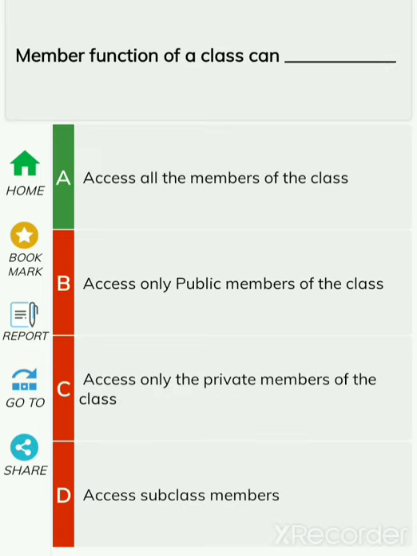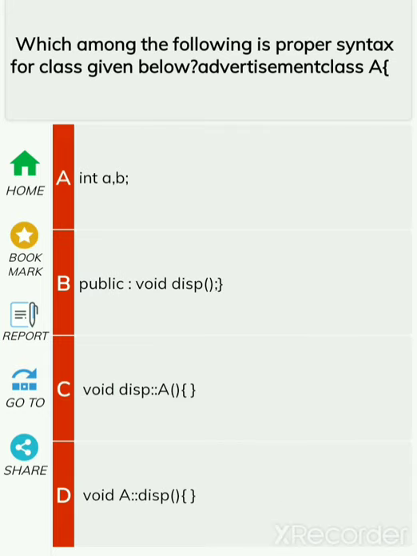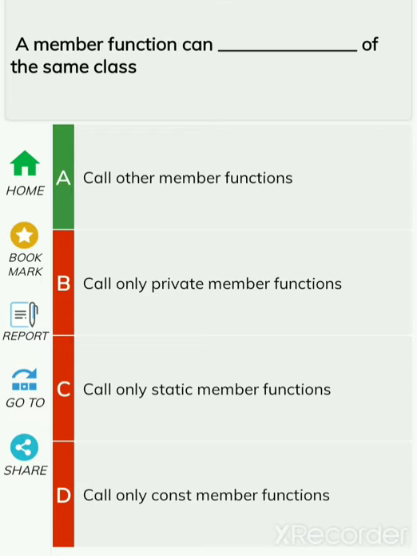Member function of a class can access all the members of the class. Which among the following is proper syntax for class given below? Class A, void A scope resolution operator a method. A member function can call other member functions of the same class.